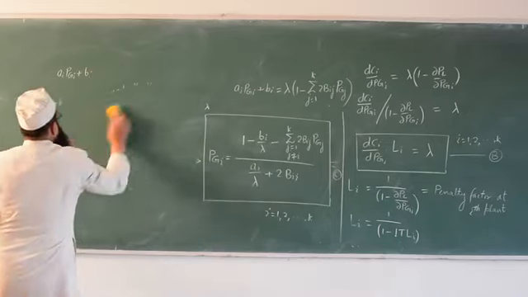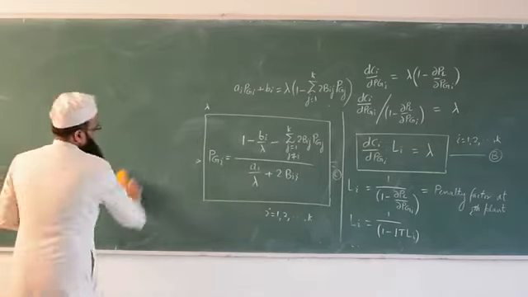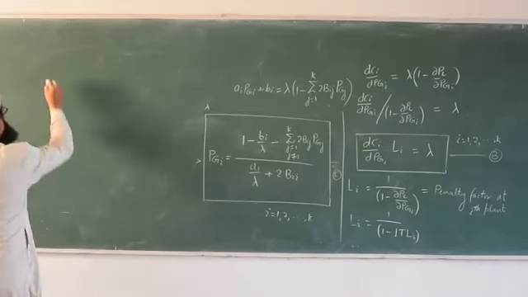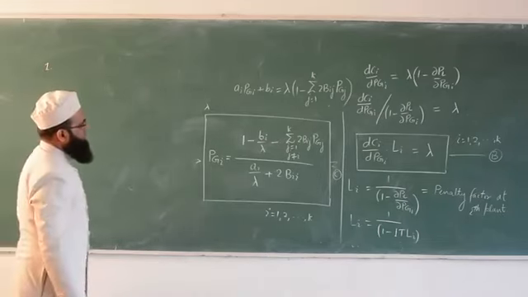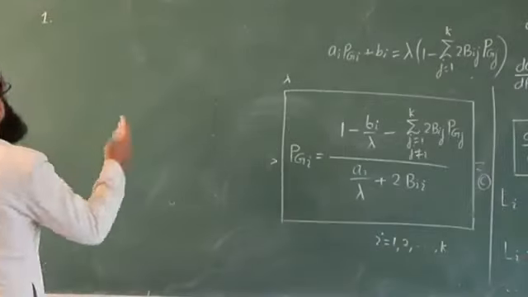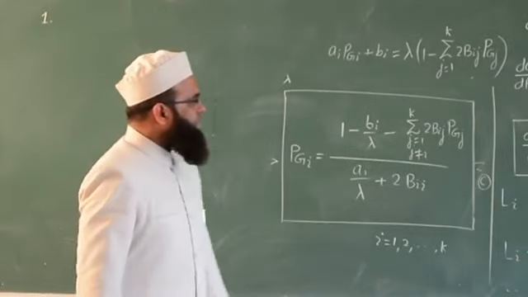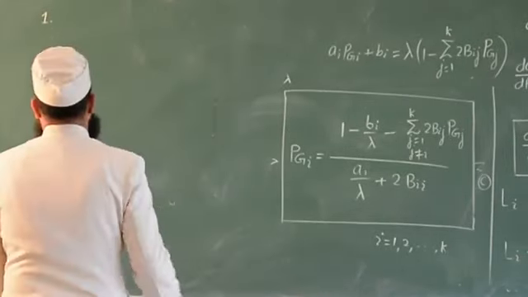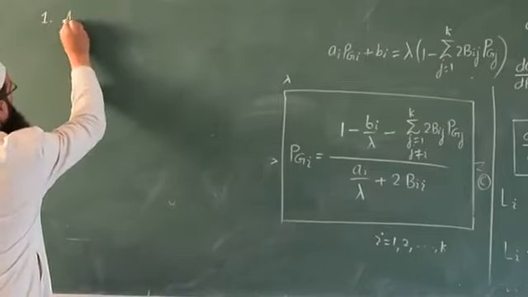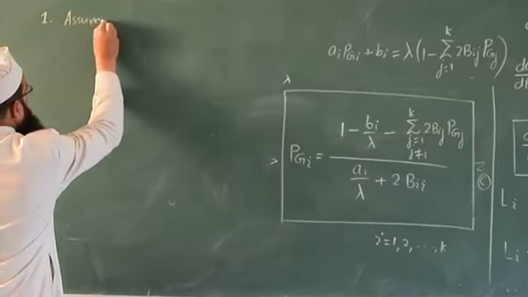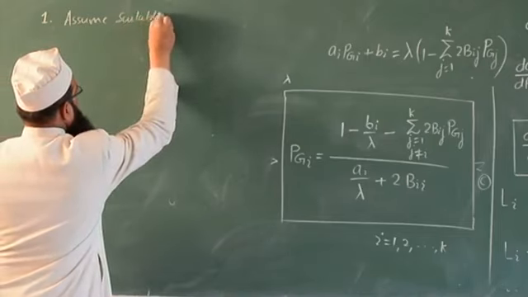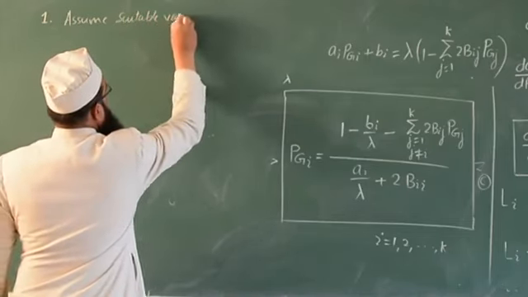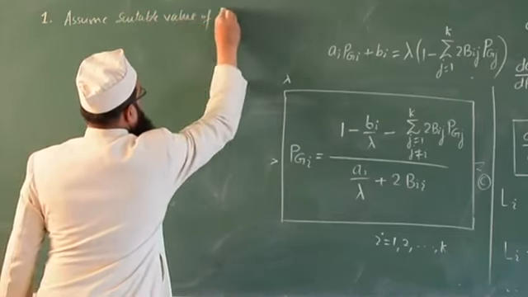So here also, step number 1 will be: assume a suitable value of lambda. For solving the economic dispatch problem considering transmission loss, we write our steps as: assume suitable value of lambda.